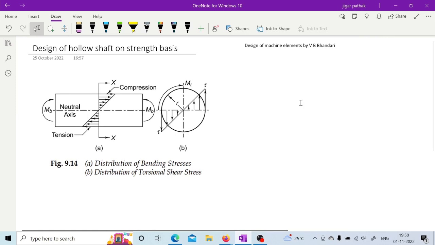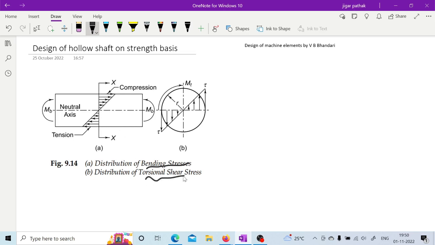Now let us go for the next thing, that is the design of a hollow shaft based on strength. Why are hollow shafts preferred over solid shafts for certain applications? As you can see, the bending stress is distributed like this, as shown in the figure, and the torsional stress is distributed like this, as shown in figure B. If you observe, the stresses are maximum in this region, and similarly here.